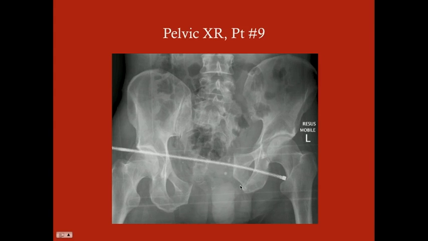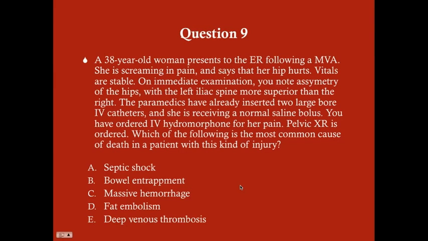You could be in some major trouble. So massive hemorrhage is what we're most concerned about in a patient with this kind of injury. And that's why it's great that these wise paramedics inserted 2 large bore IV catheters, so if something were to go wrong, we were all ready to get her pumped up with fluids.